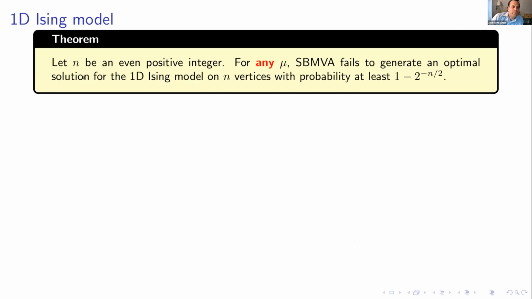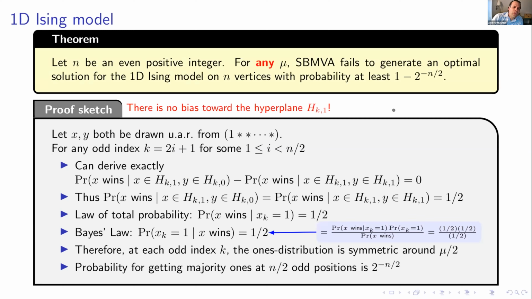And so here's what we were able to show: if n is even, then for any mu, so for any population size, this symmetry breaking majority vote algorithm will fail to generate an optimal solution on this 1D Ising model with probability exponentially approaching 1. The basic idea behind this is that there is no bias now towards this hyperplane HK1.